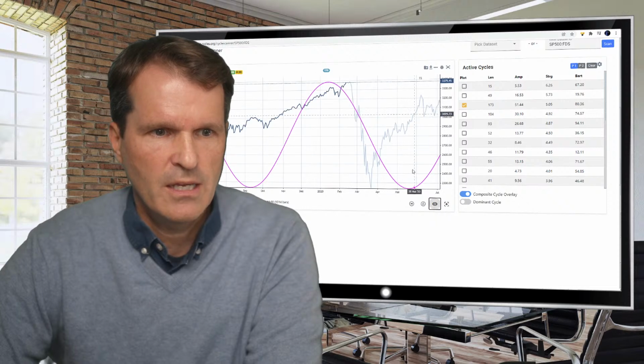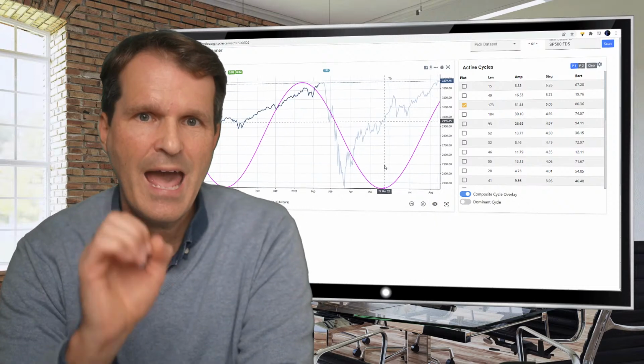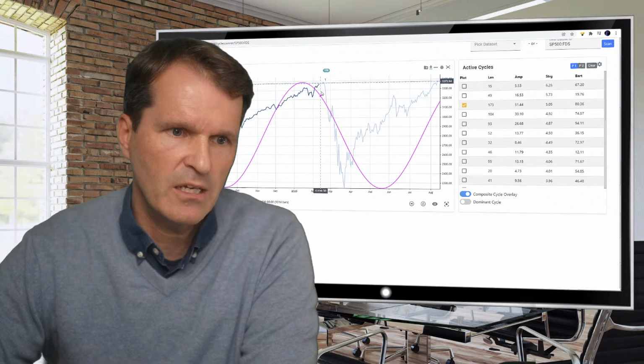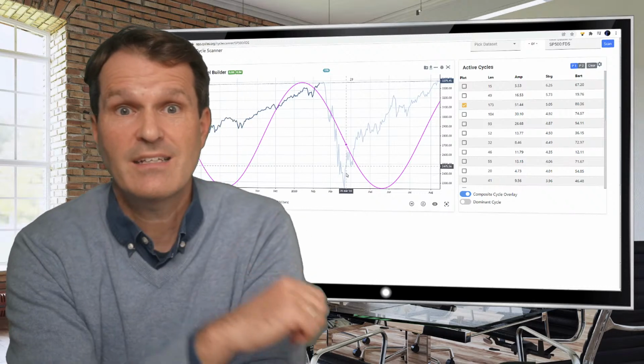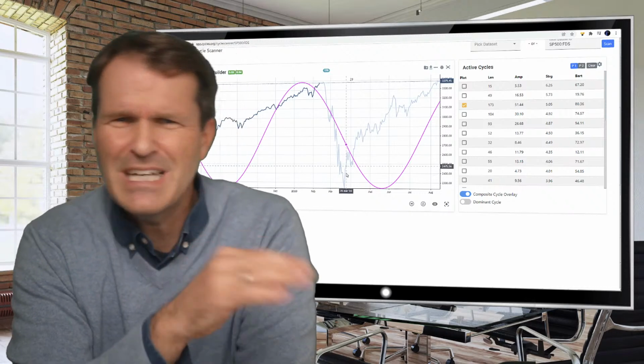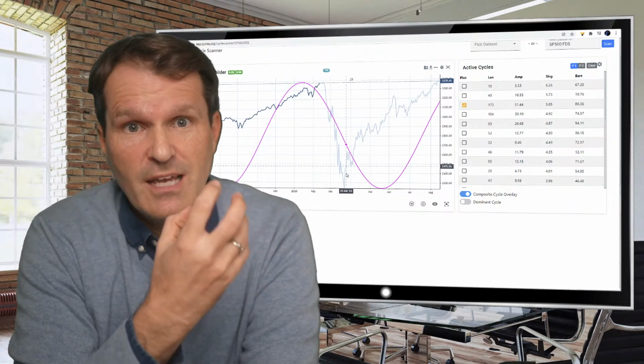And I will now add the data. This is what happened. So this downswing was projected by the 170-day cycle. That's the reason why I just repeat why the cycle is important.